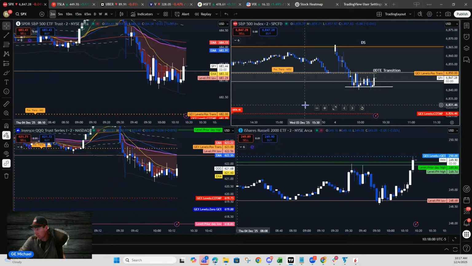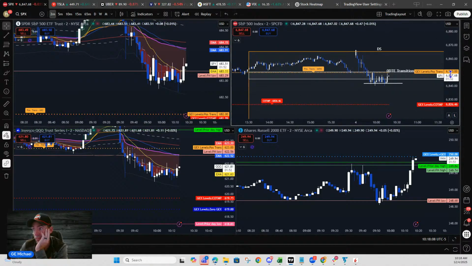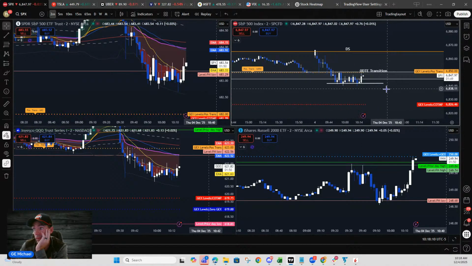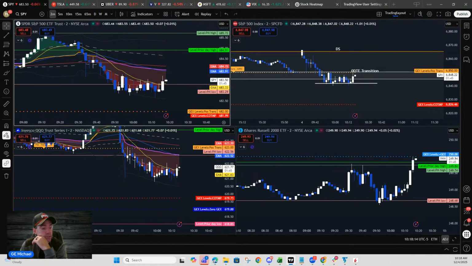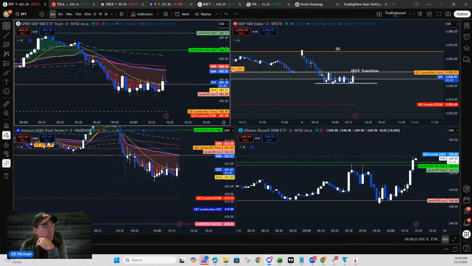And when you're not seeing that large out of the money put speculation, most likely you're not going to get a large move to the downside. That's what's nice about watching this intraday, understanding what market participants are doing.